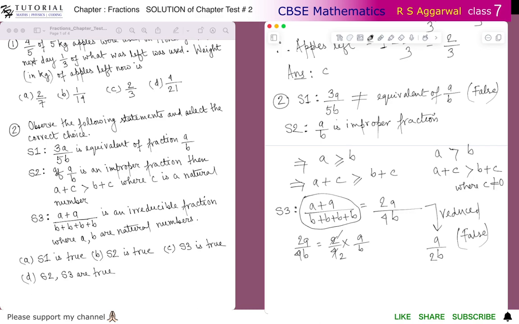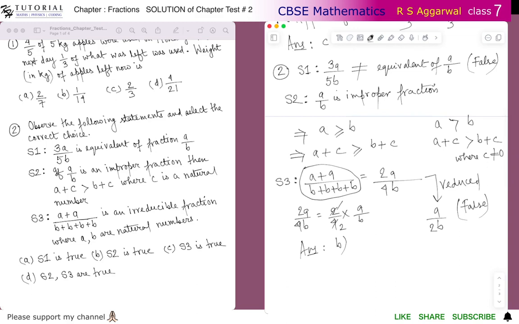And choice D, S2 and S3 are true. No. So the only choice we can think of is B, even though in the question it should have been given A plus C greater than or equal to B plus C. Anyway, the answer should be choice B.